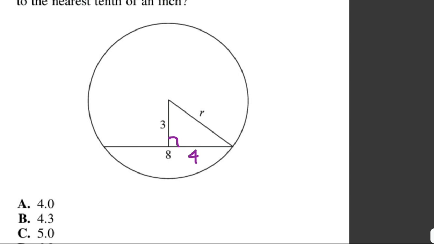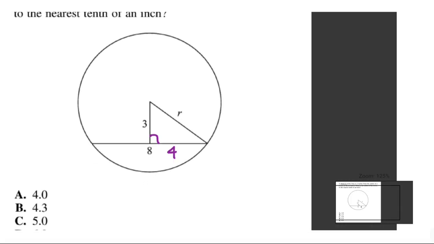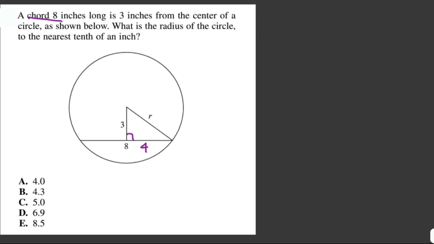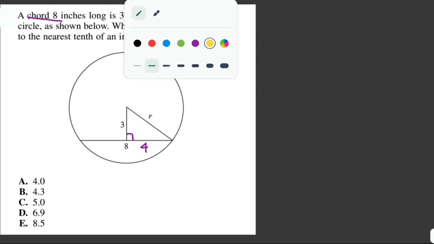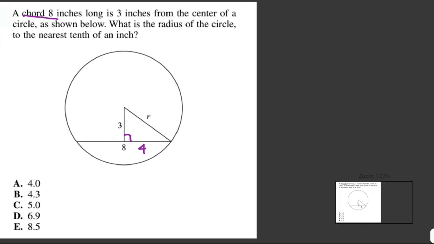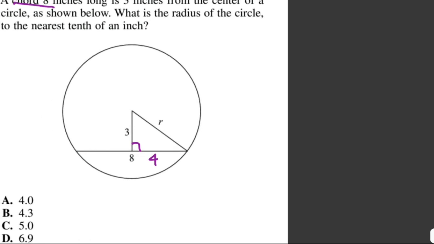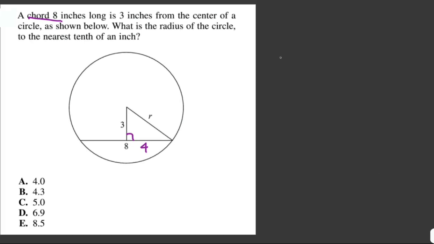So we can use the Pythagorean theorem here. The square of the hypotenuse is equal to the sum of the squares of the two legs. So this would be r squared equals 3 squared plus 4 squared.